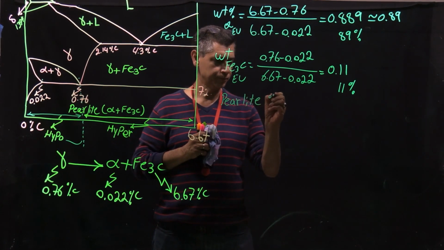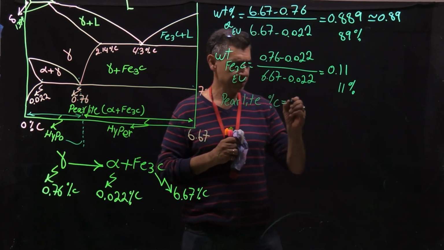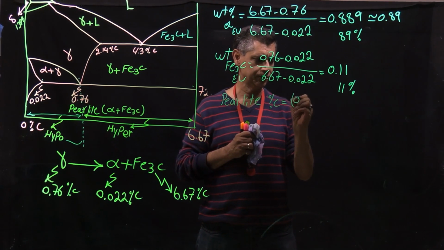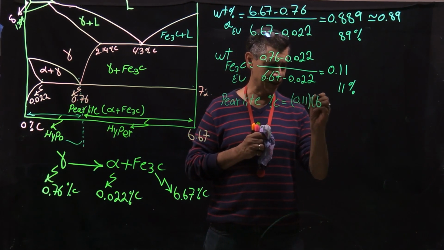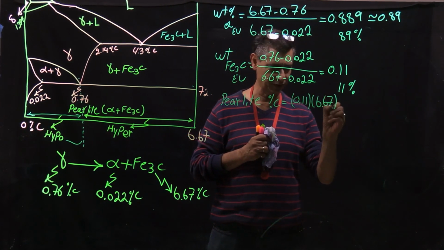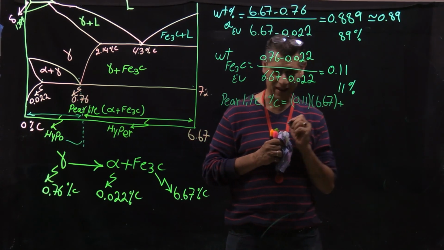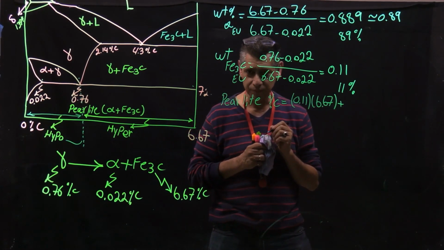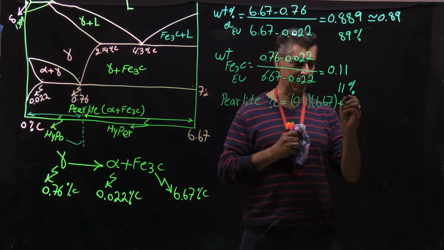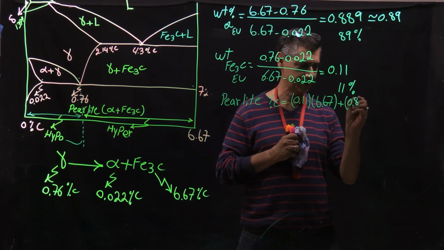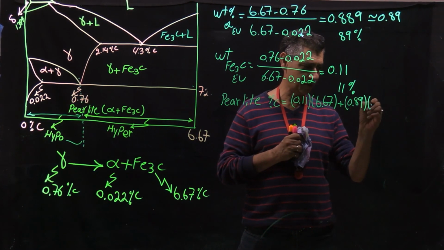Pearlite carbon content. I have 11% of cementite, which has 6.67% carbon, and I have 89% of ferrite.